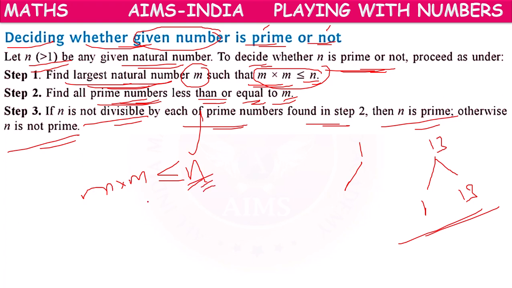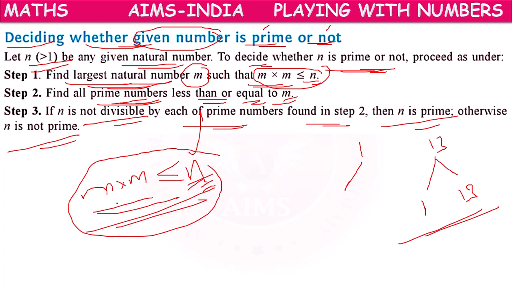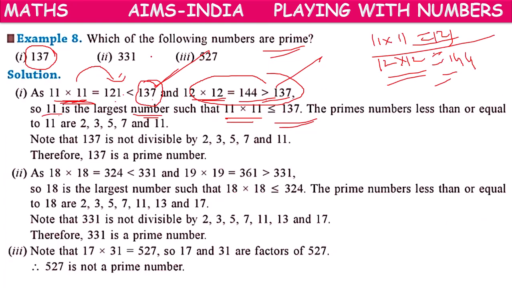So 11 is the largest number which satisfies this condition. The prime numbers less than or equal to 11 are 2, 3, 5, 7, 11. These 5 are the prime numbers less than or equal to 11.